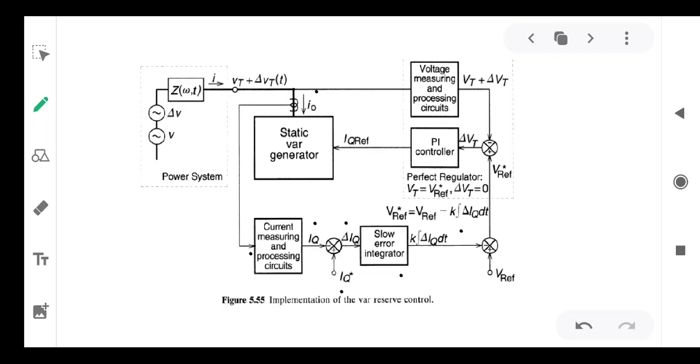This signal is summed to the V reference to get the V reference star, the modified reference, and then this modified reference is compared with the actual voltage to obtain the Vt, delta Vt, that is the voltage error, which is passed through the PI controller, which is nothing but the perfect voltage regulator. V reference star minus Vt, delta Vt is equal to 0. From which we can obtain the IQ reference, and IQ reference and I0, the actual current, are both compared and control the internal control of SVG in order to get the required I0.